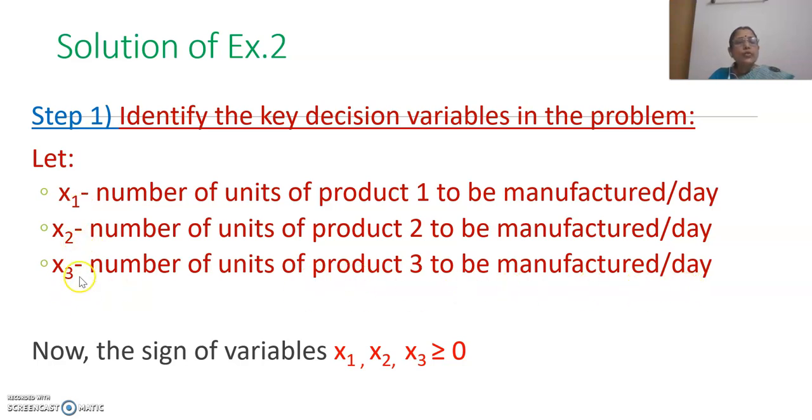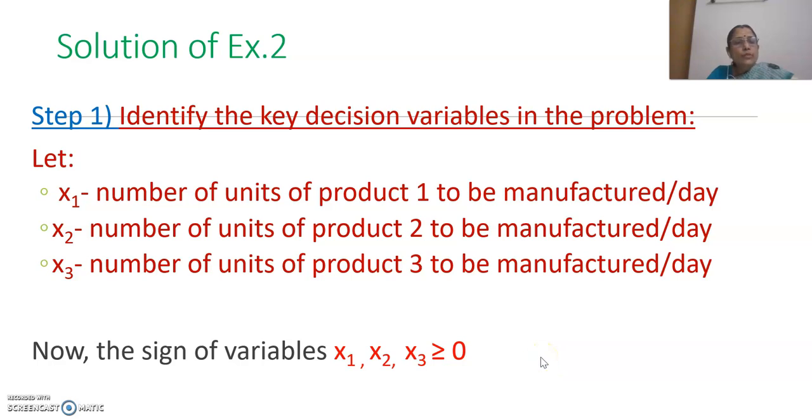So x1, x2 and x3 are the decision variables whose sign will be greater than or equal to 0, because the number of units of any of these products can never be negative. It can be only greater than or equal to 0. So these are the three decision variables in the problem.